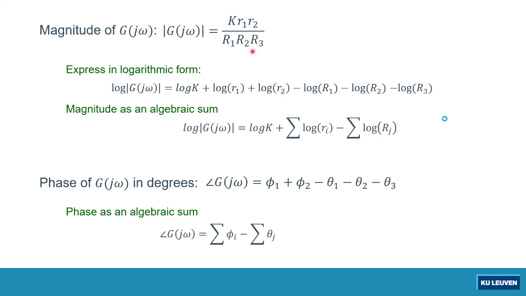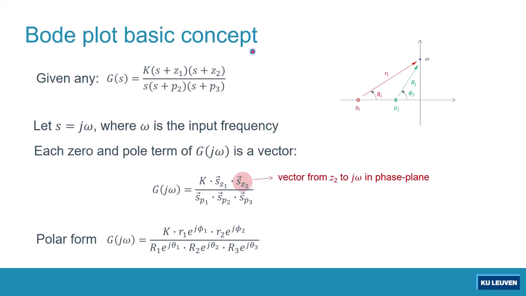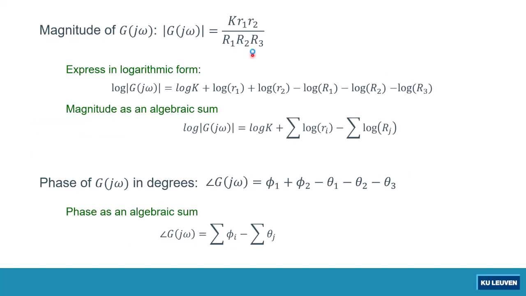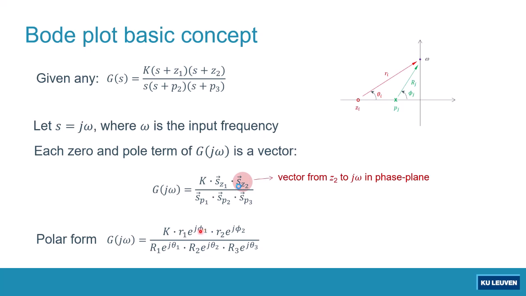What about phase? Referring again to this slide, same thing for the phase. The angle of G(jω) technically will be equal to the angle of the first zero plus the angle of the second zero minus the angle of the first pole minus the angle of the second pole minus the angle of the third pole.